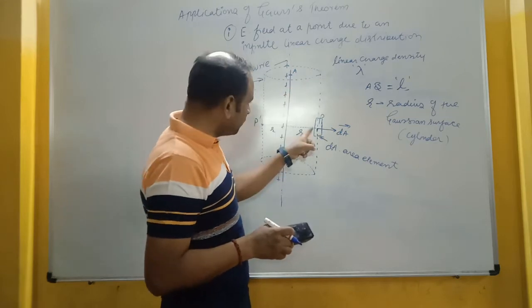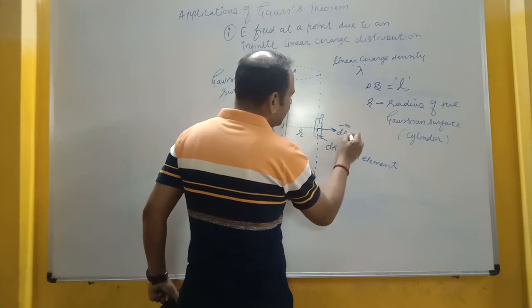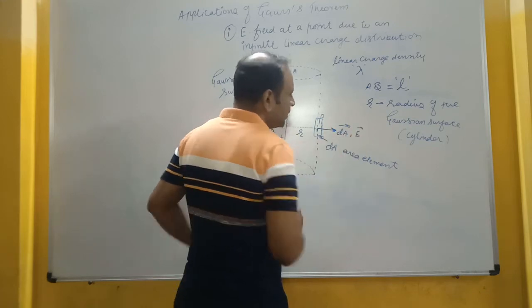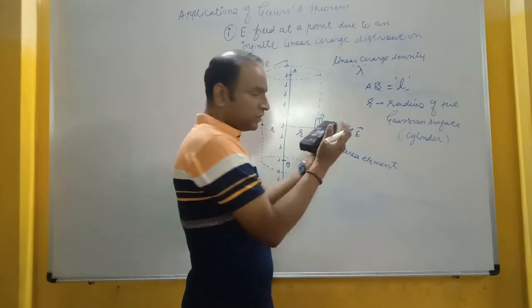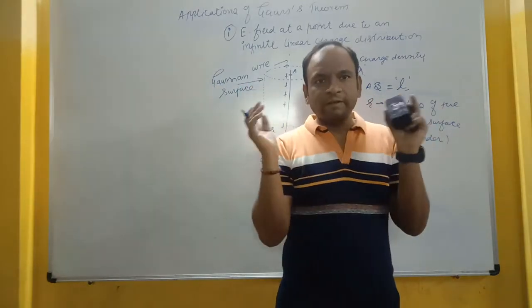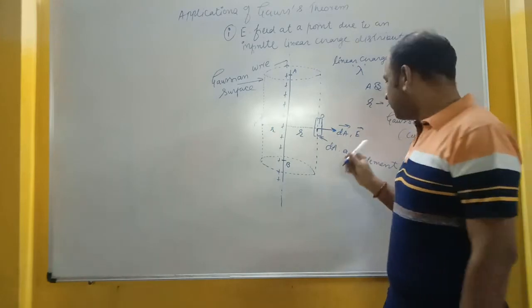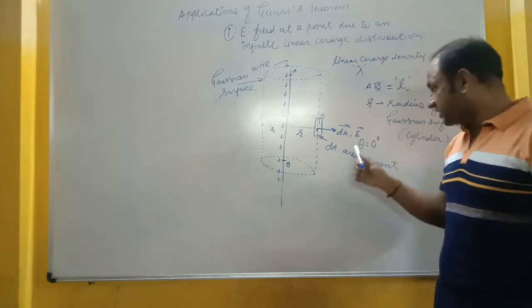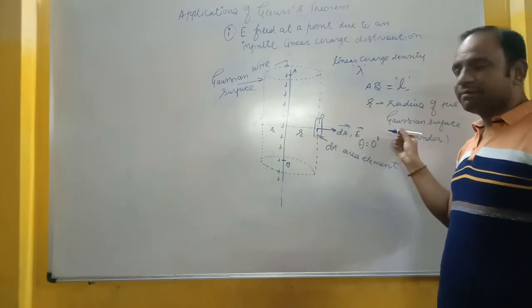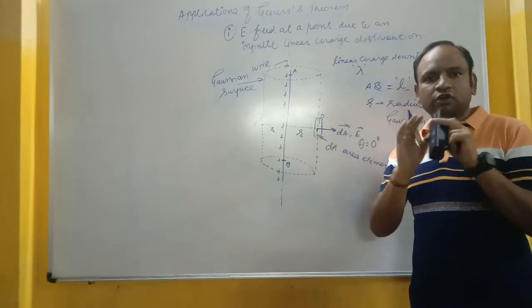So for this area, my electric field would be in the same direction as the area vector. So for this whole curved surface, the angle between the area vector and the electric field would be equal to 0 degree, because they are in the same direction.